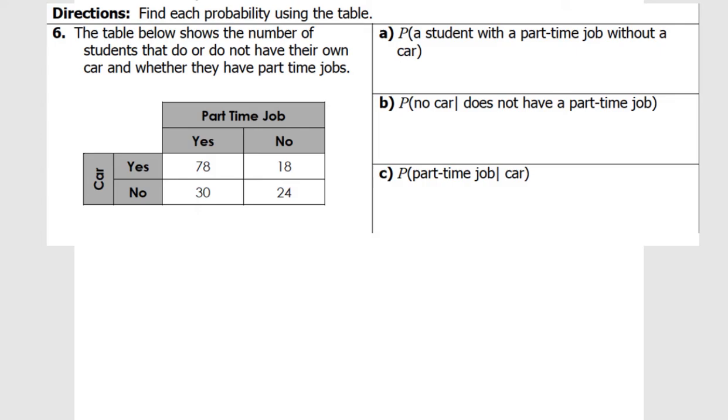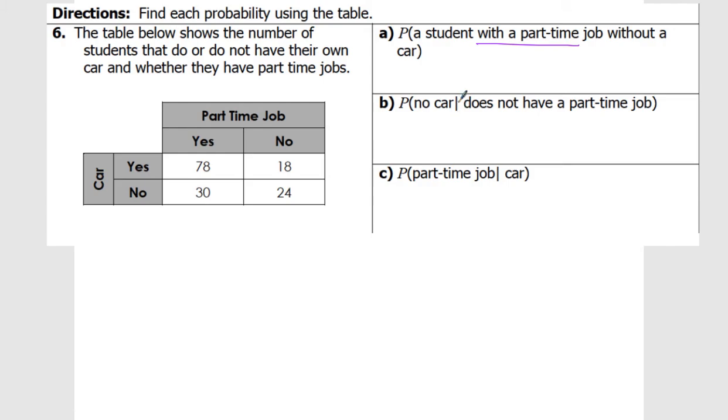Okay, moving right along. The table below shows the number of students that do or do not have their own cars and whether they have part-time jobs. Okay, so again, this is a two-way table. So we want the probability of a student with a part-time job without a car. Now notice, this is not conditional probability.